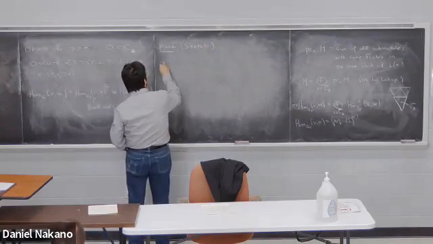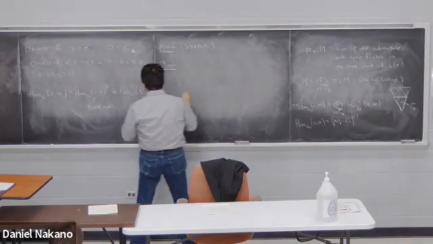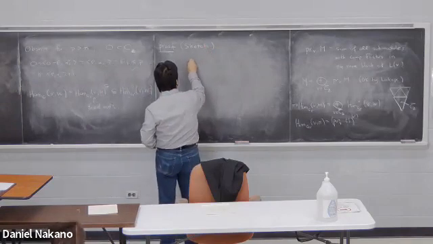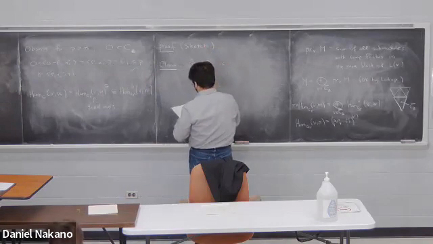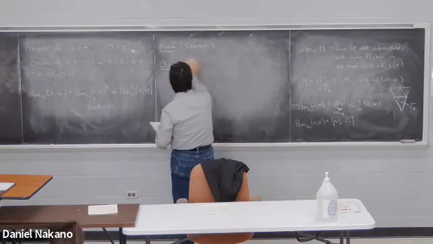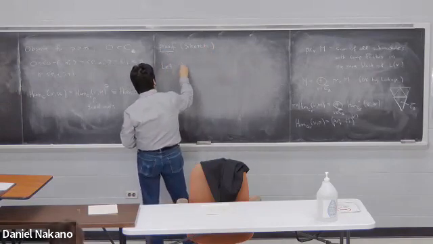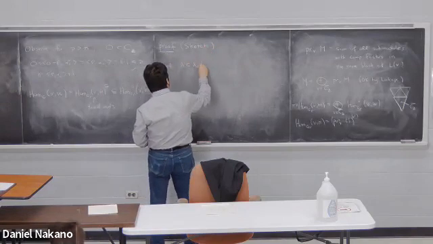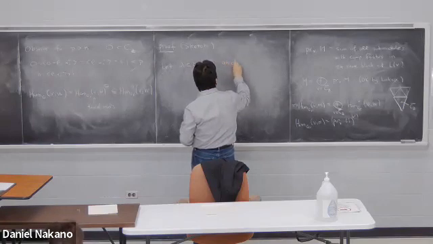The first thing is we're going to start with the claim. Sorry, let me start over. Let lambda be an XRT weight.